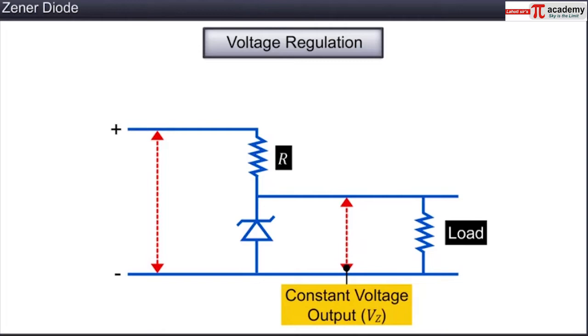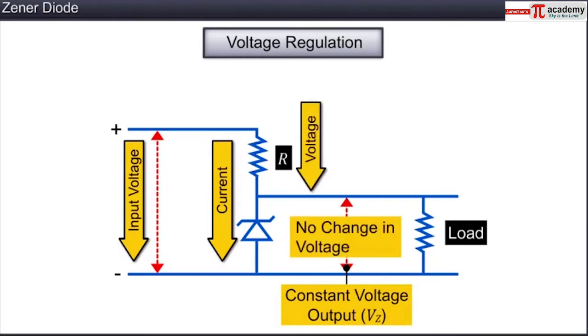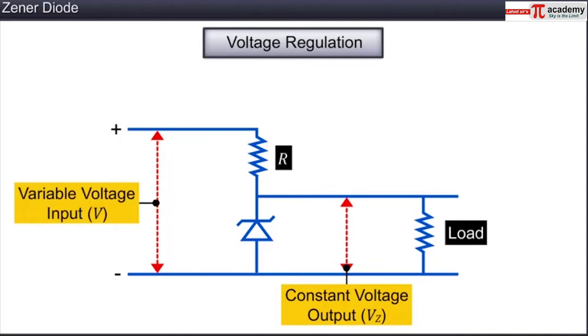On the other hand, if the input voltage is decreased, the current through R and the Zener diode decreases. This reduces the voltage across R without affecting the voltage across the Zener diode. Thus, irrespective of increase or decrease in the input voltage, the voltage across the Zener diode remains constant, which is collected across the load resistance.